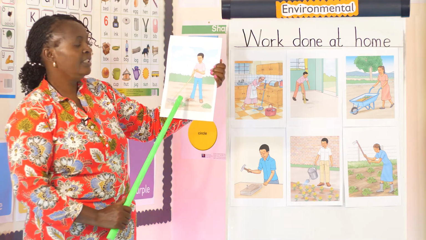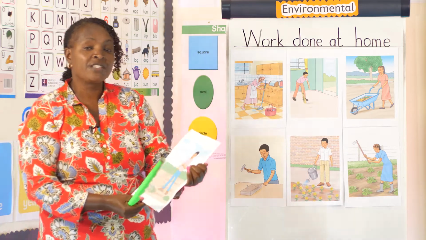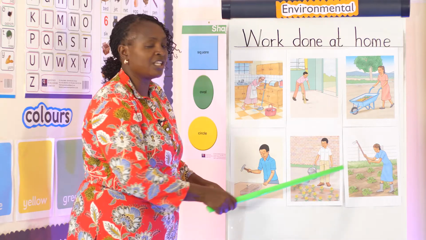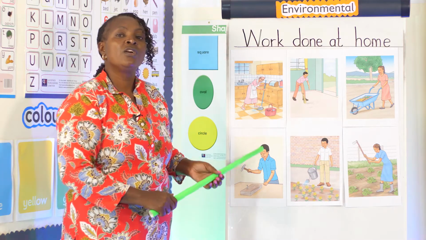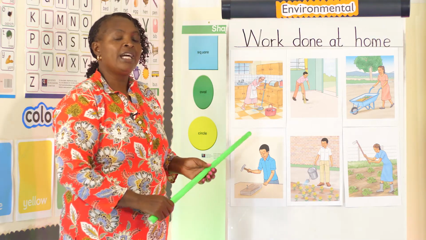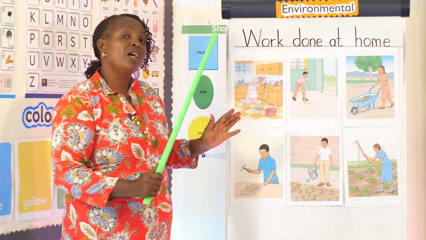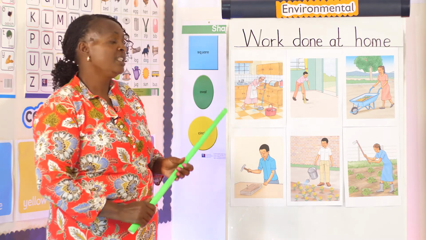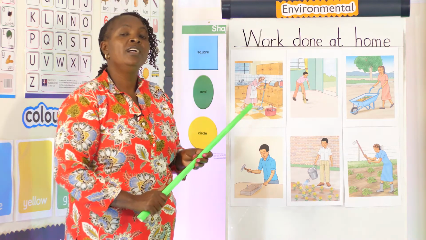Okay, children? Well, now we have seen that when we go to school, the people who are left at home, they are also left working. Okay? And especially now that people are not going to work because of COVID-19, many people are working at home.